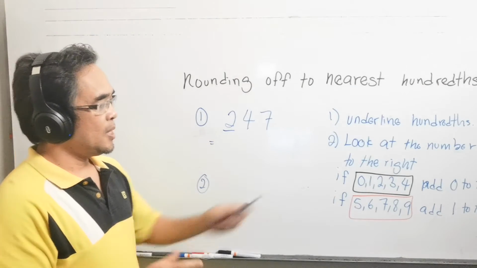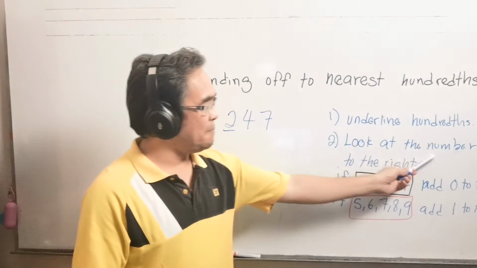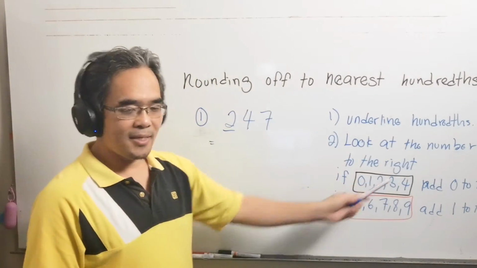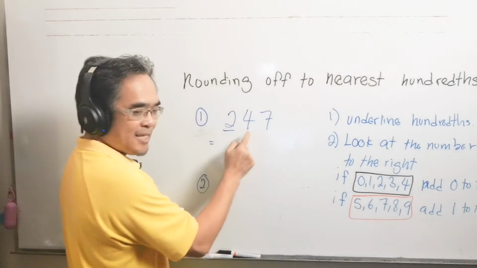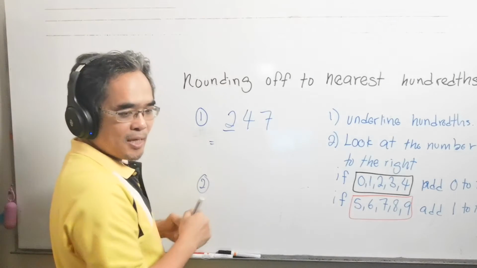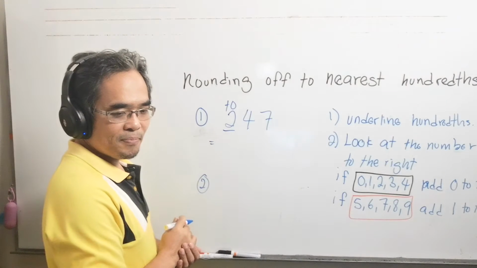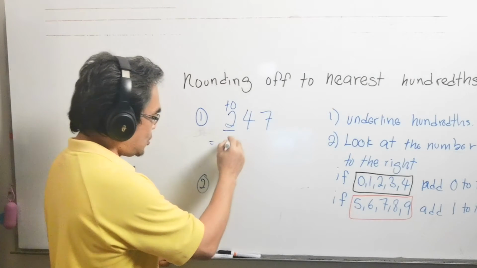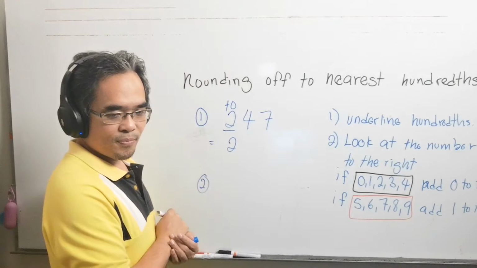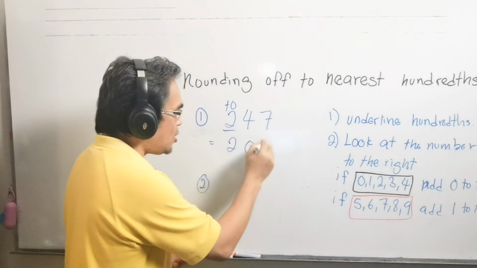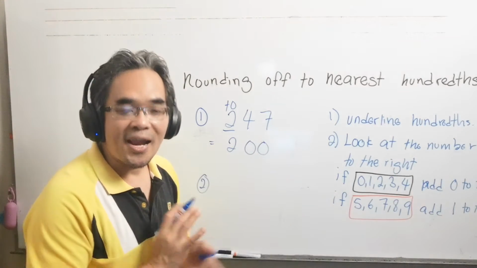And look at the number to the right. To the right, this is the number. So you add 0, so it becomes 2, 0, 0 means 200.